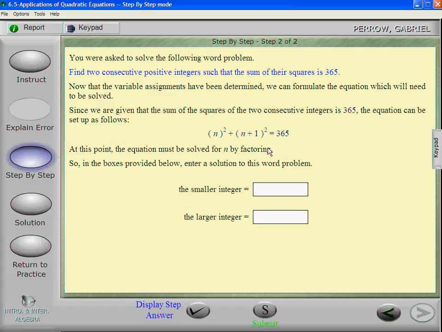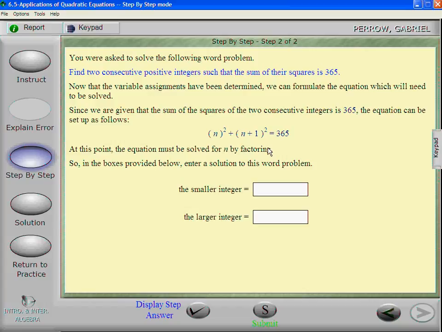So that's 13 something. So if I say 182 divided by 14, I get 13 as a result. Makes perfect sense that that would factor as n plus 14 times n minus 13.